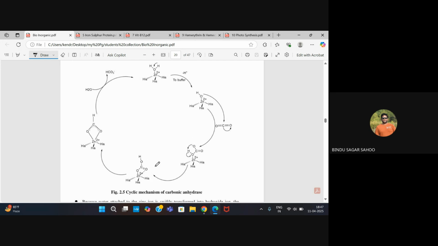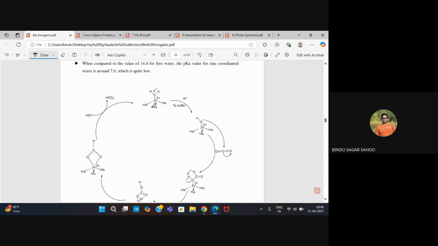After rearrangement it gets converted to a pentacoordinated complex. And at the final step, a water molecule attacks this metal center, and this whole HCO3- or bicarbonate ion is removed from the complex, and it forms the initial one again.